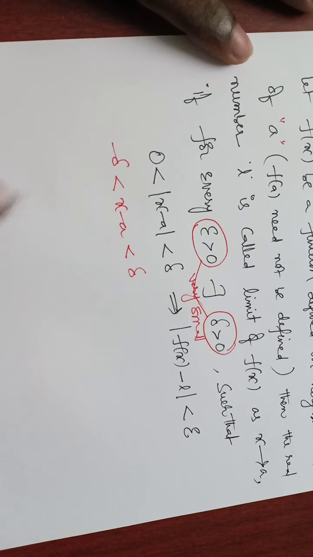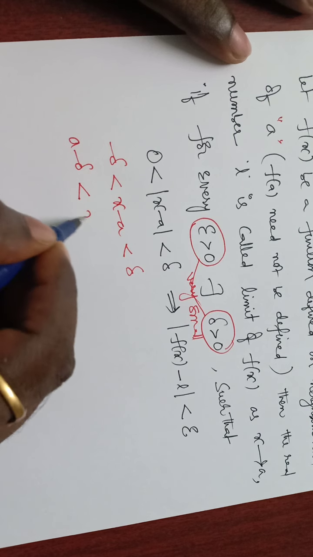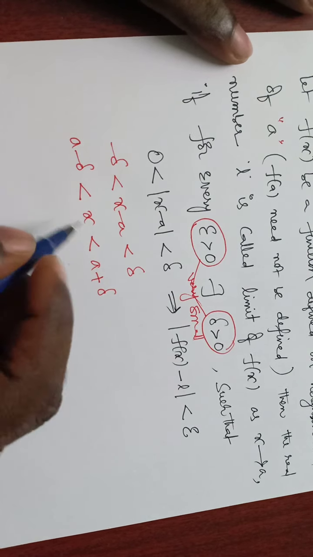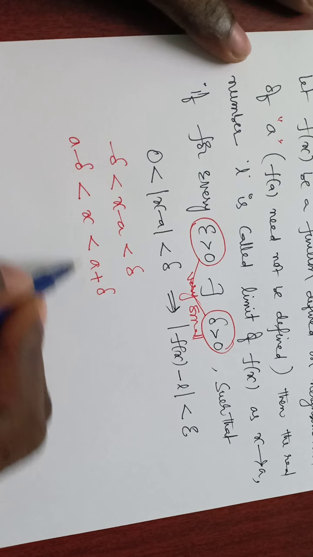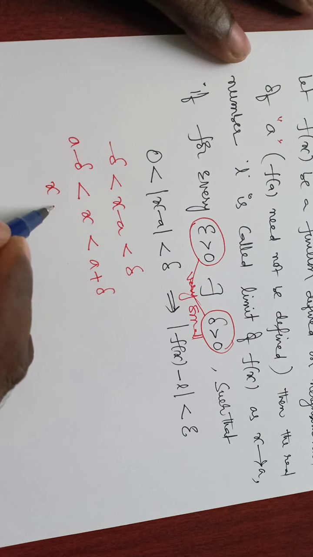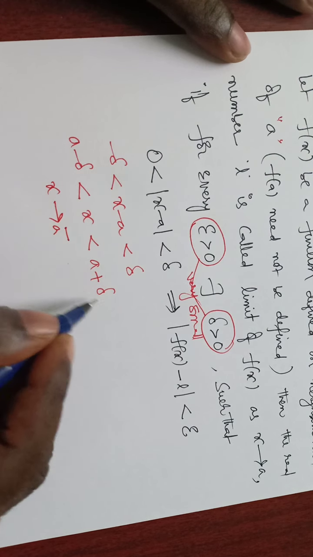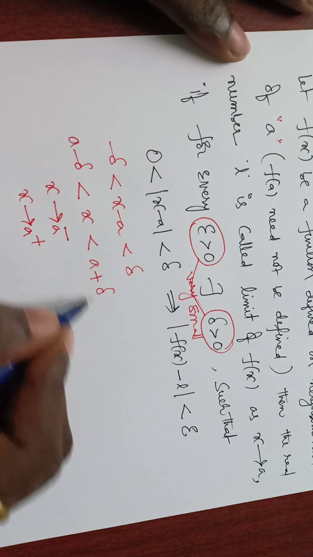Clearly, what it means: x minus a always lies between minus delta and plus delta, so x lies between a minus delta and a plus delta. So x approaches a from the left side, which means a minus delta, and from the right side, which means a plus delta.